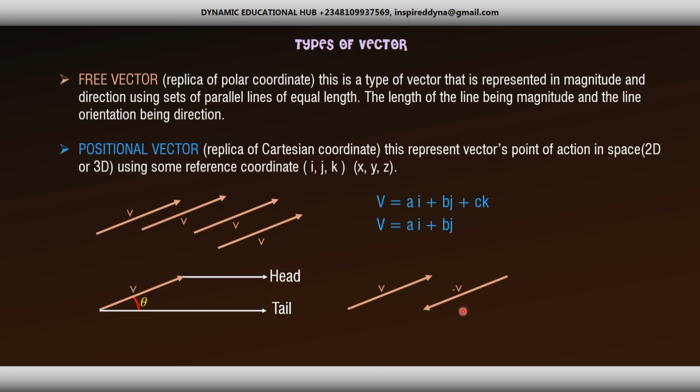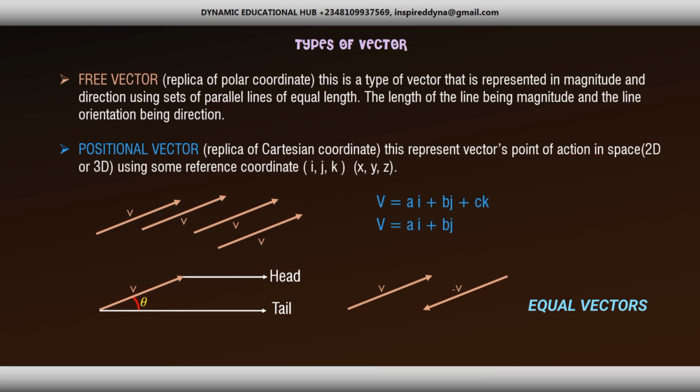That is what I'm showing you. When it comes to equal vectors, we say that two vectors are equal when they have the same magnitude and the same direction. So, equal magnitude, same direction.